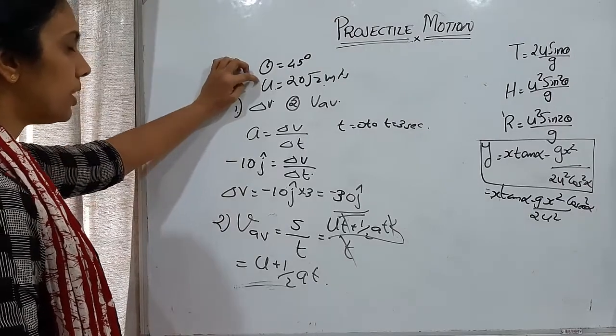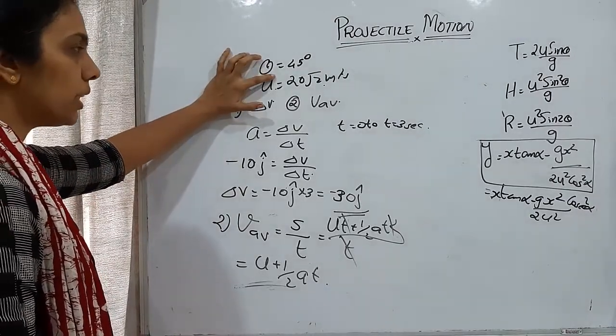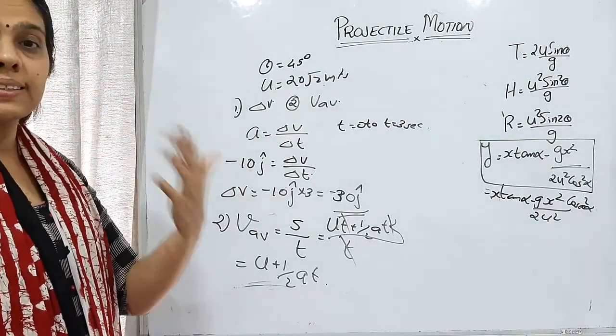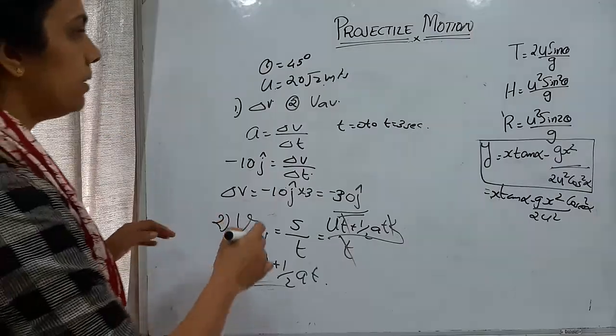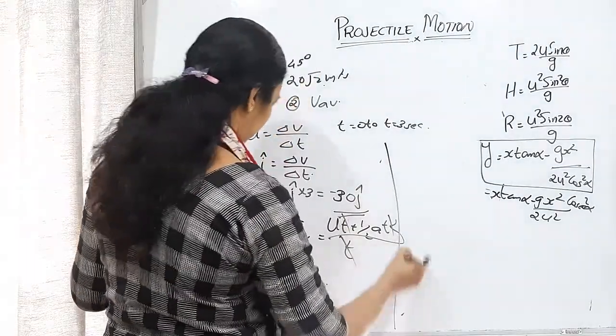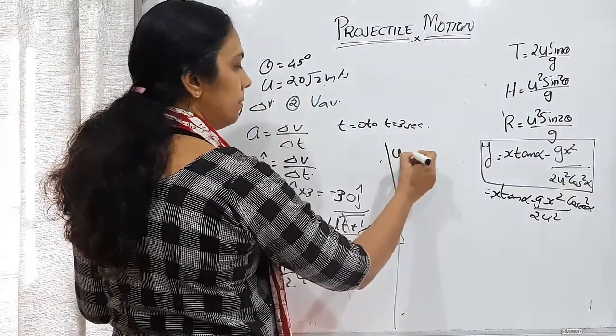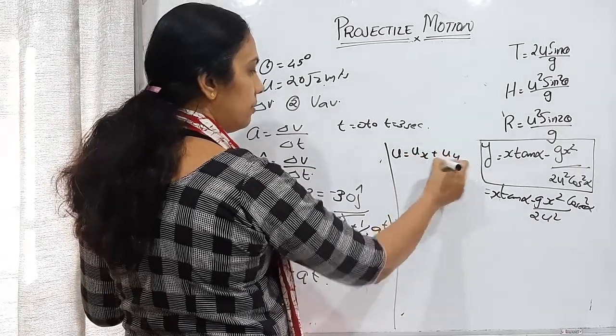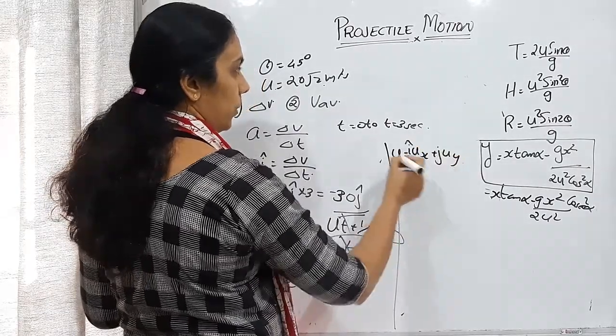Here the initial velocity u is given as 20 root 2 only, so we need to consider it in both directions, that is the x-axis and y-axis. I'll write it over here: u equals ux i cap plus uy j cap.